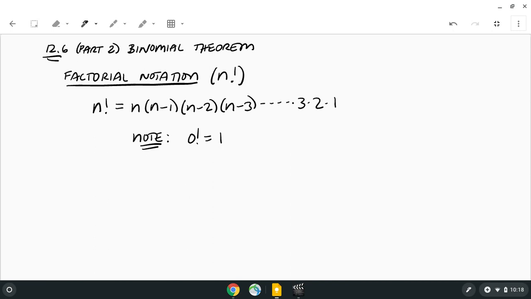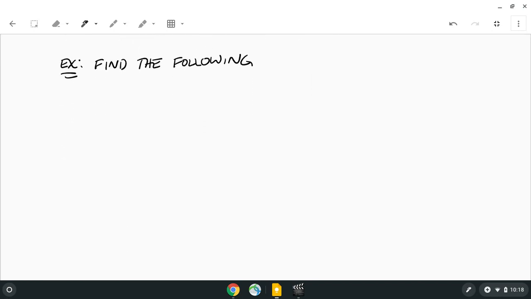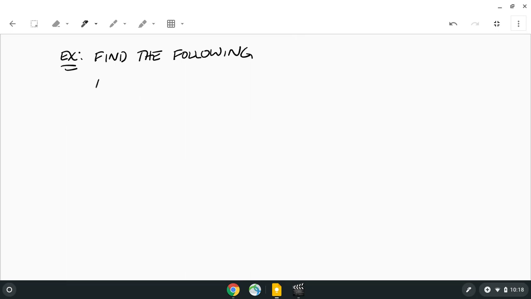Okay. So for example, suppose we need to find the following without a calculator. So let's start off without a calculator so you understand. Find the following. So suppose that I wanted to find 8 factorial.